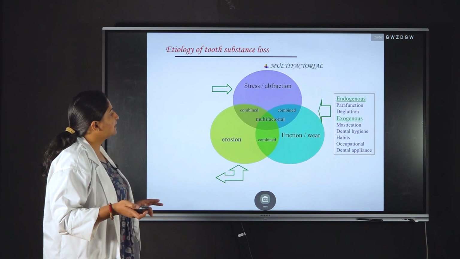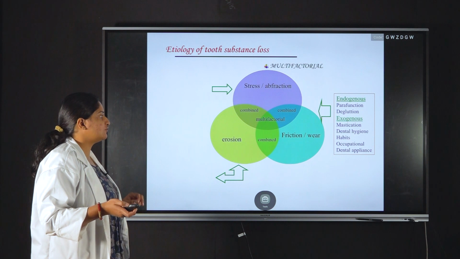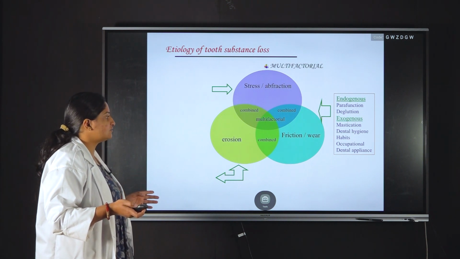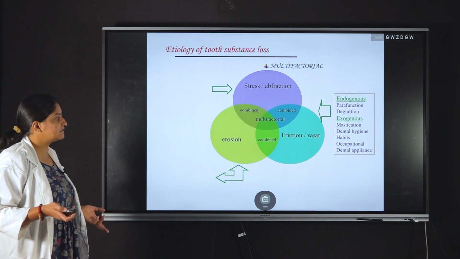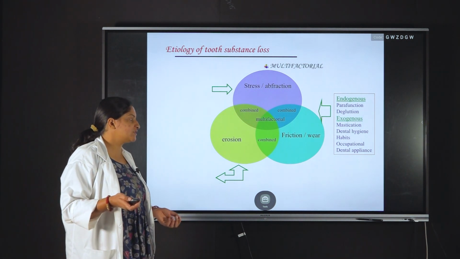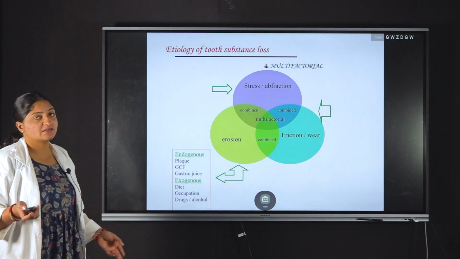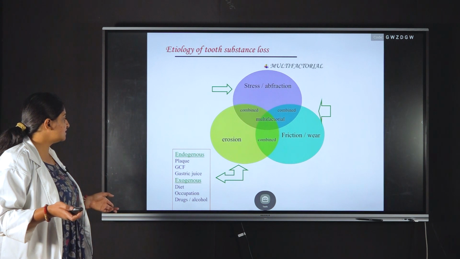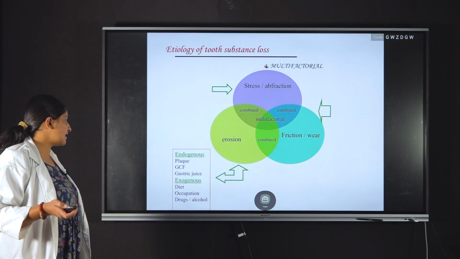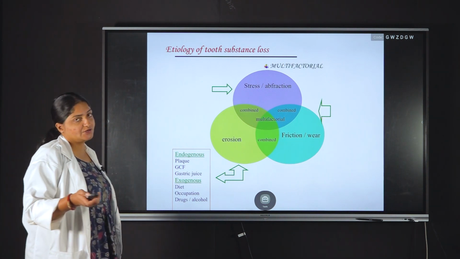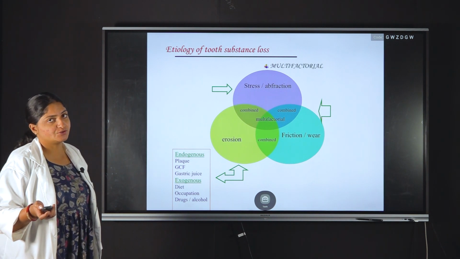Coming to friction wear, it can be from endogenous and exogenous factors. Endogenous contributes parafunctional habits and deglutition; exogenous includes mastication, dental hygiene, habits, occupational and dental appliance. Coming to erosion, it can be attributed to endogenous factors, that is plaque, gingival crevicular fluid and gastric juice, and exogenous factors, diet, occupation, and certain drugs or alcohol, which may contribute to tooth wear.